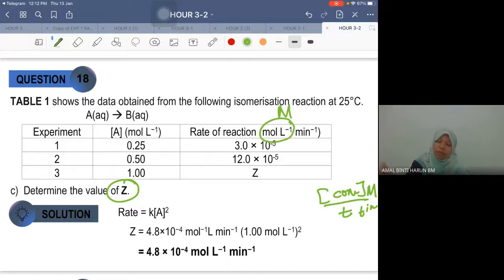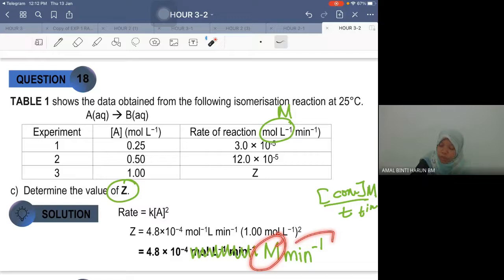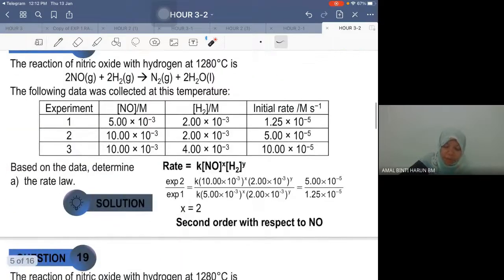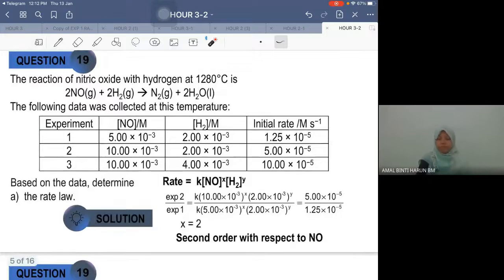Sebab nanti you tersalah bagi apa benda pun mole negatif 2 kan tersalah. Okay. So we just simplify it. It is molar per minute. Okay. Rate tu apa? Rate tu changes in concentration with the time. Habis soalan 18. Sekarang kita tengok soalan 19. Soalan 19 juga sama. Ini soalan.